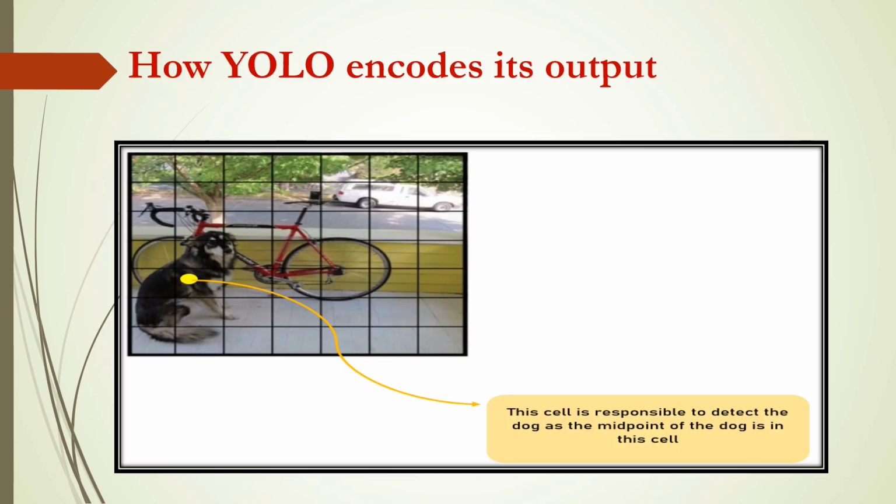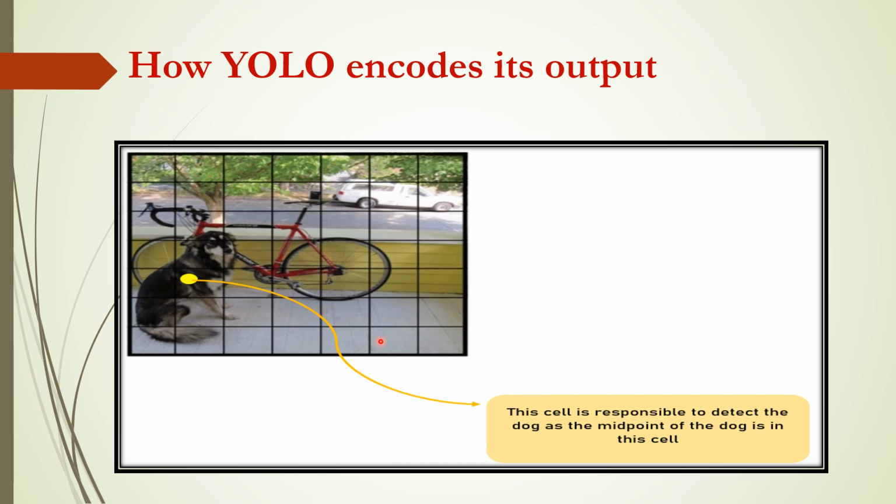So let's first understand how YOLO encodes its output. Here the input image is divided into an n grid of cells, and for each object present in the image, one grid cell is responsible for predicting the object. Each grid cell will predict B bounding boxes and C class probabilities.